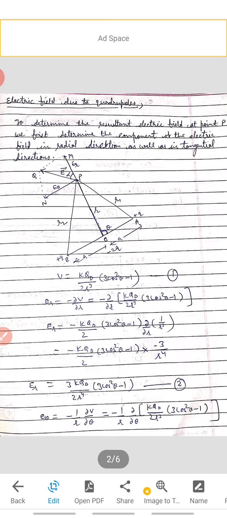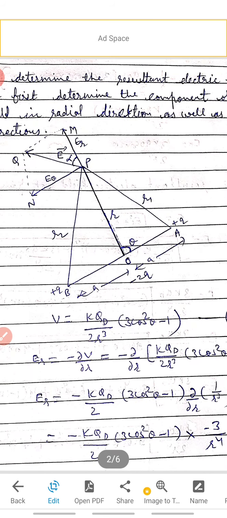We have to find the electric field intensity at point P. There are two positive charges, plus Q at point B and plus Q at point A, and at the center minus 2Q charge is placed.